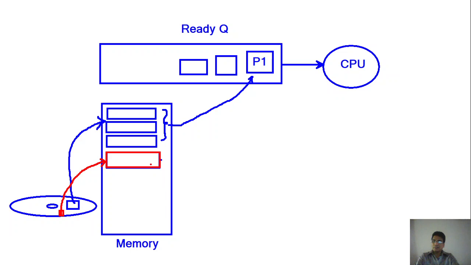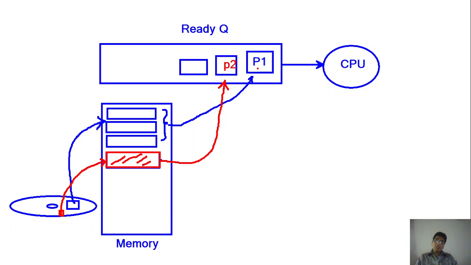Now this page may be required by some other process. So someone else was using that page. So this process was using that page, but what the operating system did was, because process 1 said I want a page, it removed the frame of process 2 and it filled that space with the content of P1. Okay, there's no problem as such.